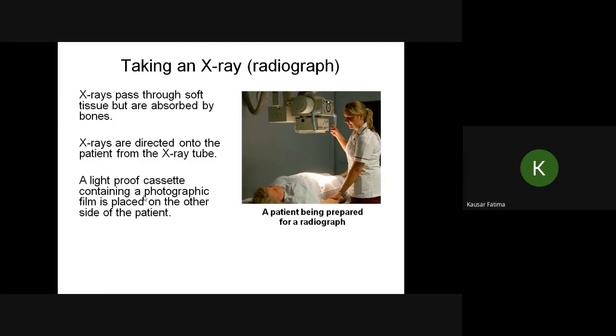A light-proof cassette containing photographic film will be on the other side, behind the person. That will give the picture of the body, like the lungs or different parts.